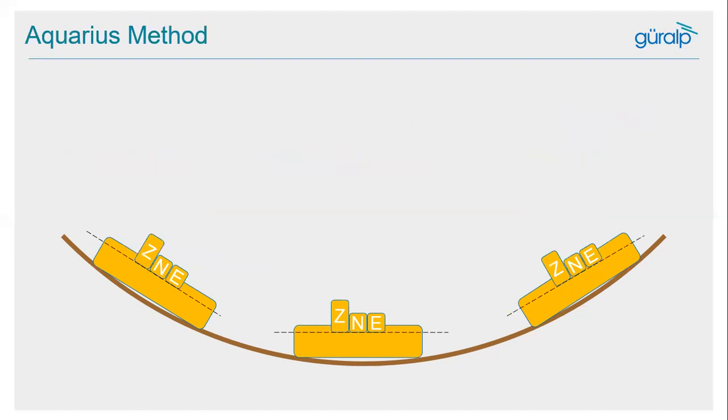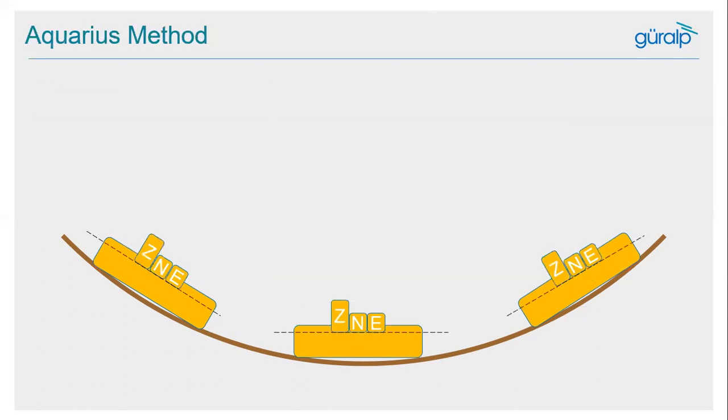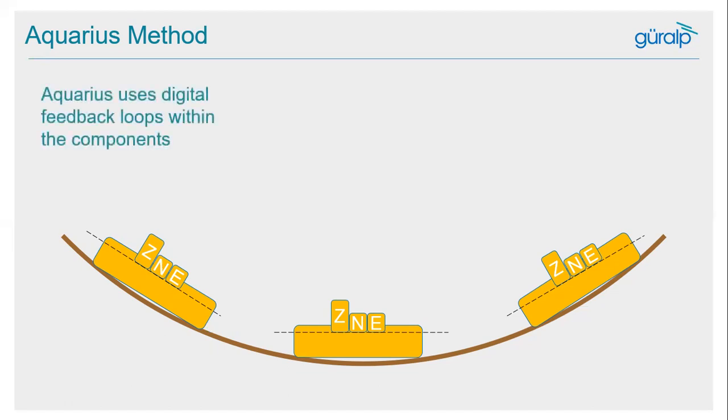So the Aquarius method is slightly different. As you can see in the previous slide, the Z and E components are always horizontal. Here, they are allowed to rotate and they remain fixed relative to the actual frame of the instrument. So as I said previously, the Aquarius will use these digital feedback loops within the components themselves.